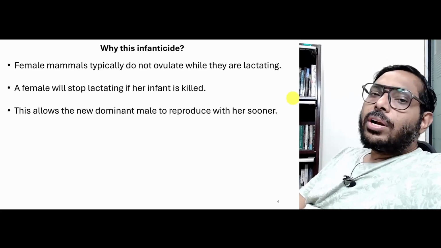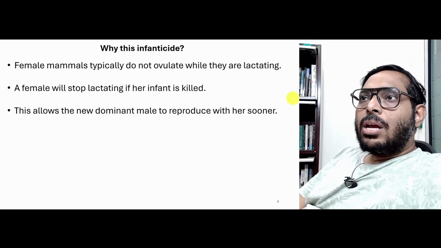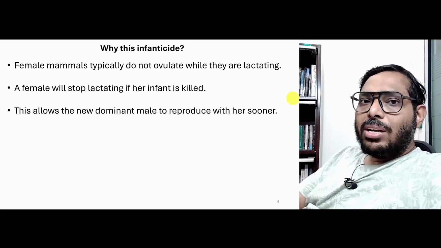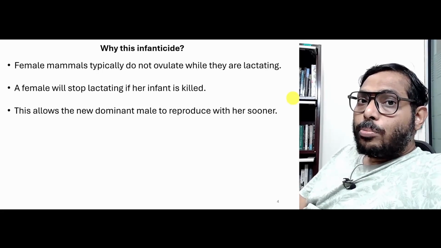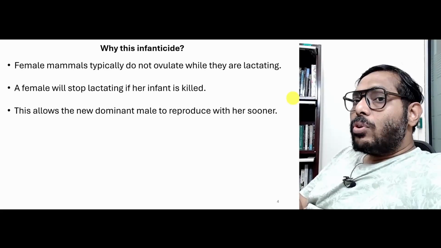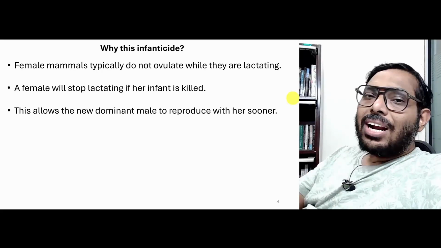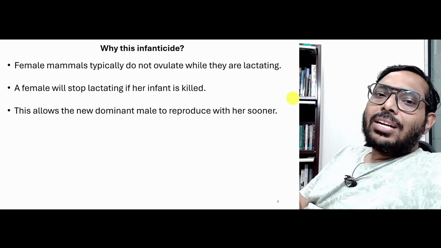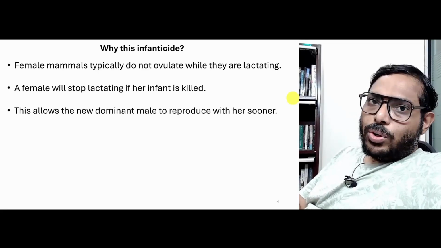Now, this is very important for the dominant male, because remember, once a subordinate has become dominant, there are other subordinates in the group waiting to challenge. Therefore, the dominant male does not have too long a time before it can reproduce, and if it spends all that time waiting, then that is not really going to work.